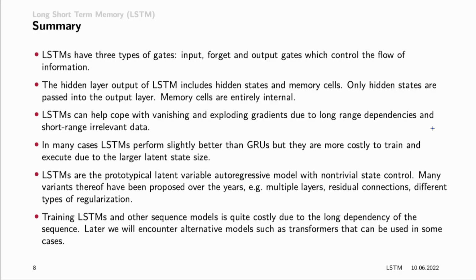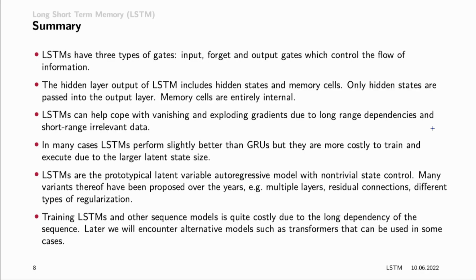LSTMs can help cope with the vanishing and exploding gradients problems due to long-range dependencies and short-range irrelevant data. Often, LSTMs perform slightly better than GRUs, however, they are much more costly to train and also to execute because of the larger latent state size, because we have these additional memory cells and more gates.